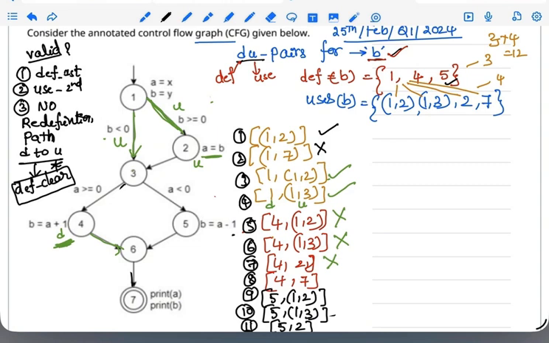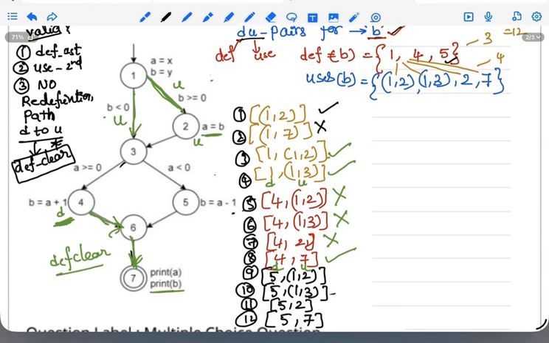Next, 4 comma 7. Definition at node 4 and use at node 7, that is print b. We can go through this path, and it is def-clear because there is no redefinition between 4, 6 and 7. So 4 comma 7 is a valid du-pair.